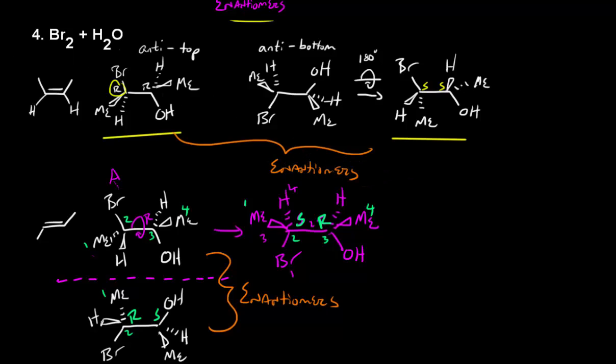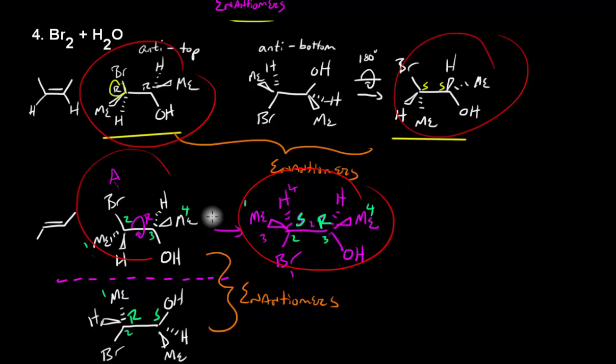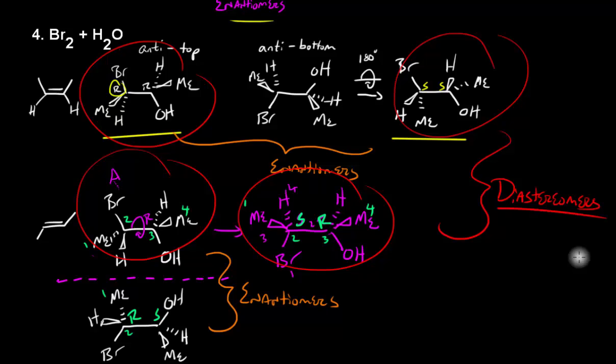But if you compare either one of these, either this one and this one, or this one and this one, these are both diastereomers. Okay, so that's the first situation we've seen where you can get different products using the same reagents from two different starting materials.